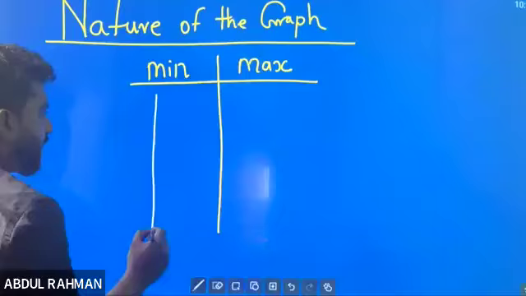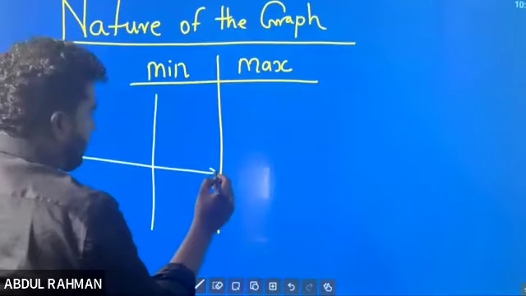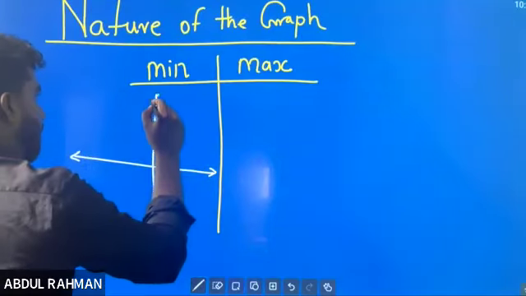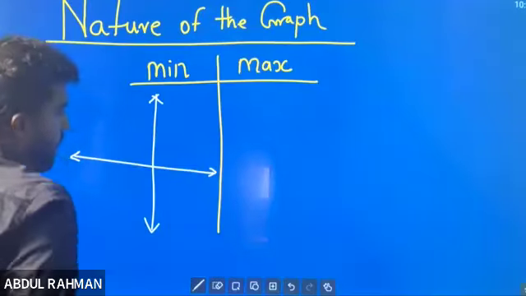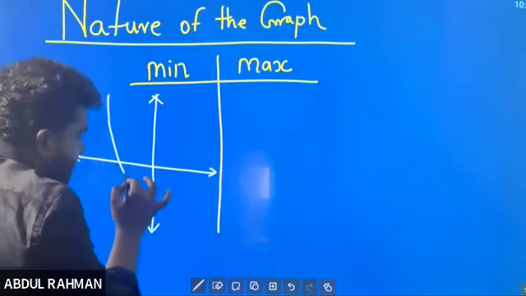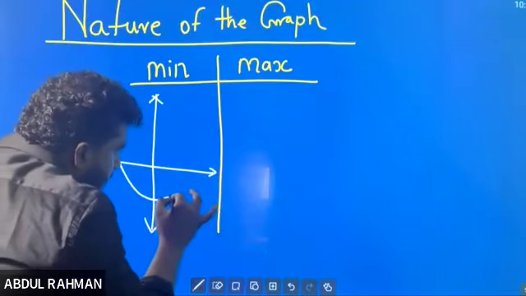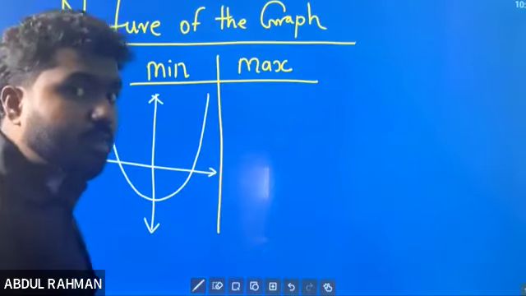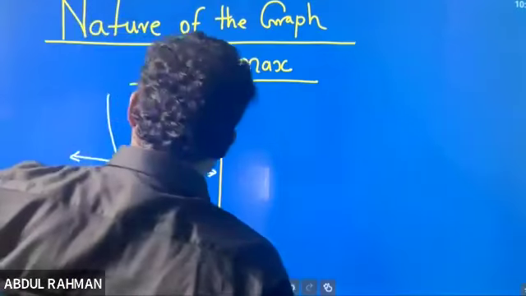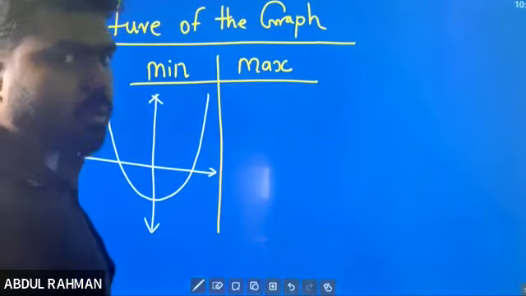Now when I draw a graph, let's say I'm drawing a parabola graph. If my graph is coming and touching a minimum point and going up, I always start off a graph from what side? My left hand side, your left hand side also.